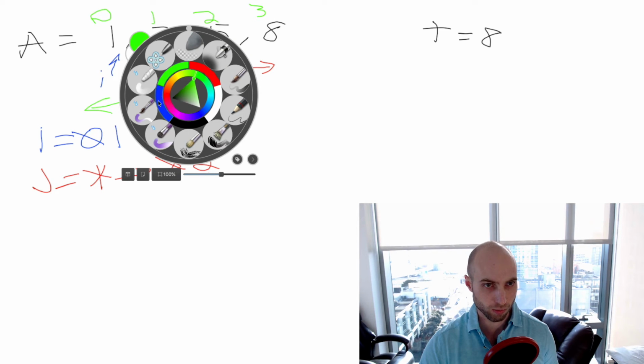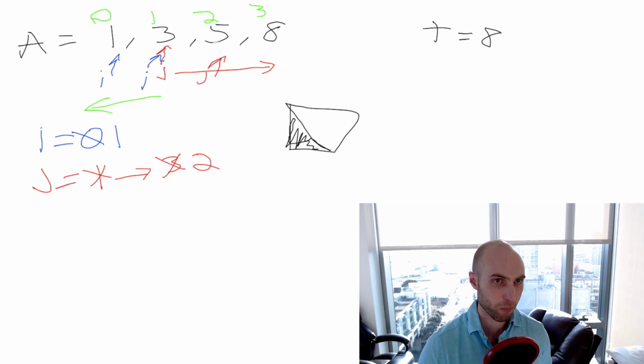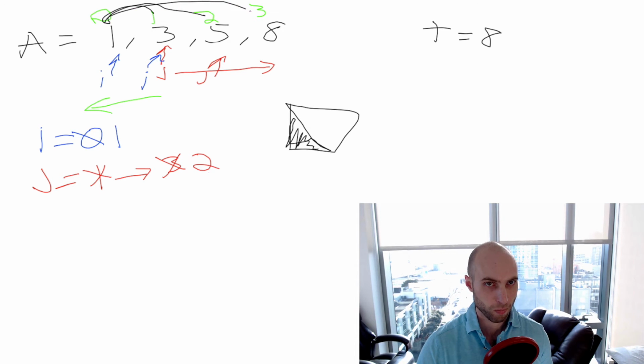Whereas before we had an n squared solution, now we have an n triangle kind of solution, where basically we're comparing 1 to 3, 1 to 5, and 1 to 8. Then we're comparing 3 to 5 and 3 to 8.